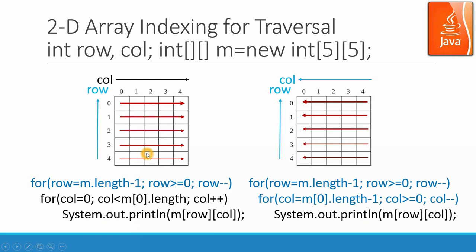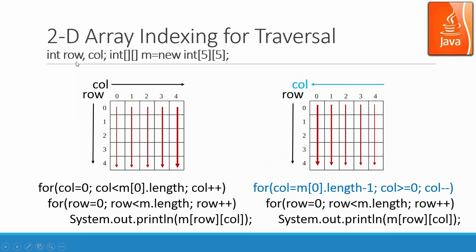To traverse over the whole M table. And if we start like this for row and start like this for column, we start from here to here, like this, to traverse over the whole M table. And that is the row-major index.